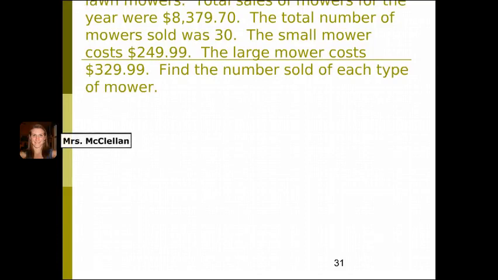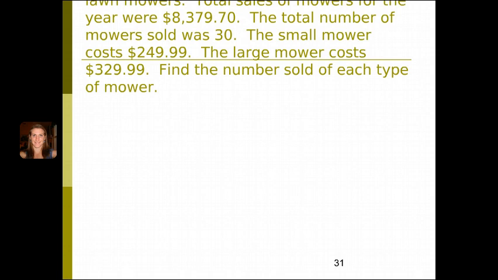Here is the last word problem. A garden supply store sells two types of lawnmowers. Total sales of mowers for the year were $8,379.70. The total number of mowers sold was 30. The small mower cost $249.99. The large mower cost $329.99.